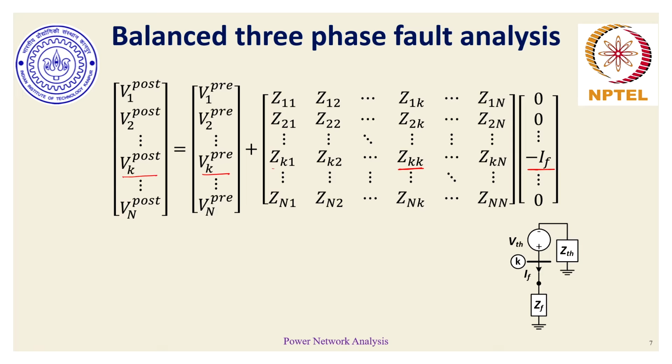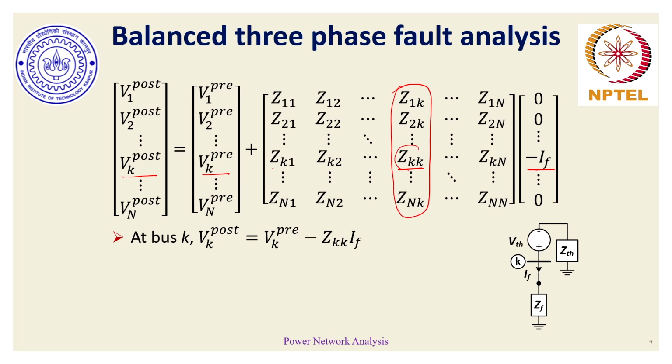So if we look at bus K equation, and focus on the kth column of Z bus, only the Zkk term is appearing here, which is in product with minus IF. So we have Vk post as this equation.